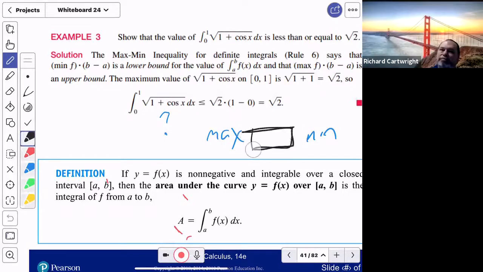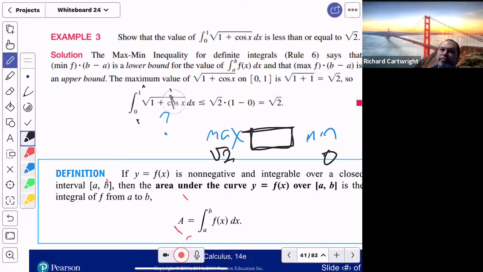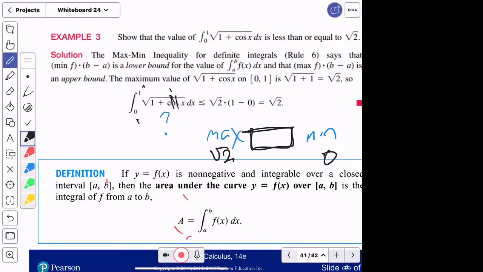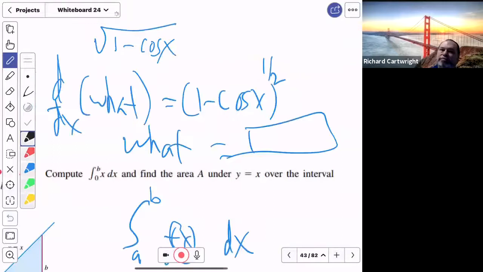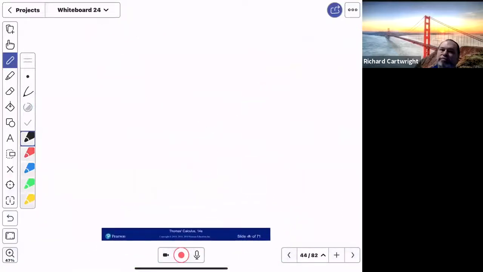The real answer is between the square root of 2 and 0. I have the a and the b, I just didn't know what the antiderivative was. I'm not saying you can't find it. I just couldn't find it in 30 seconds or less. I may not be able to find it in 30 minutes or less. But if somebody finds it, I will reward them.